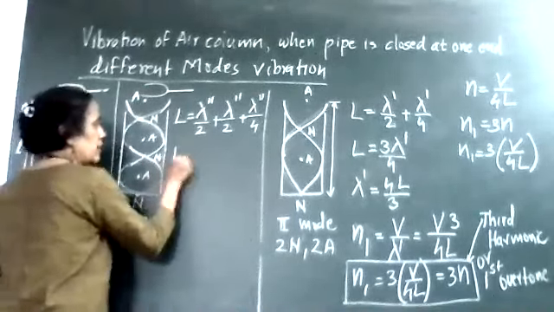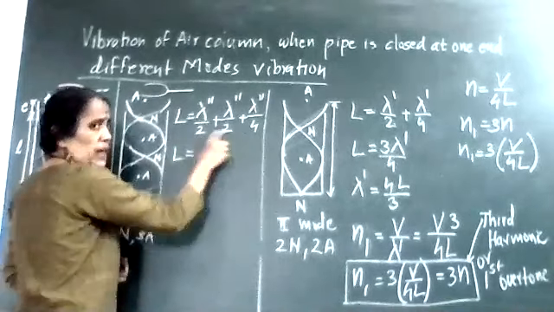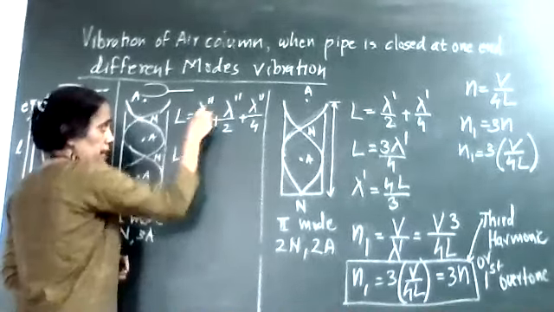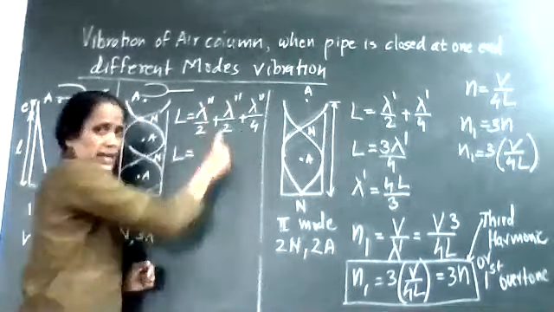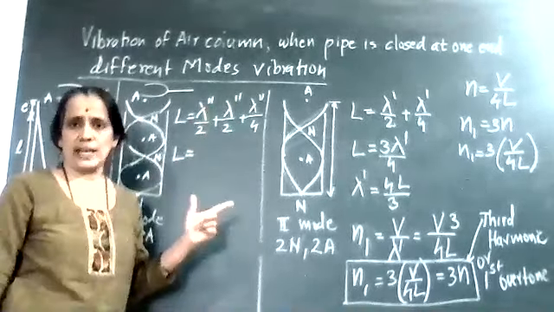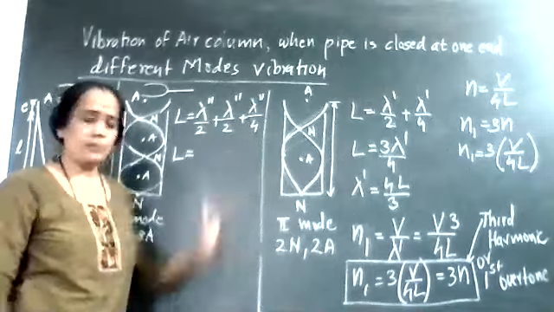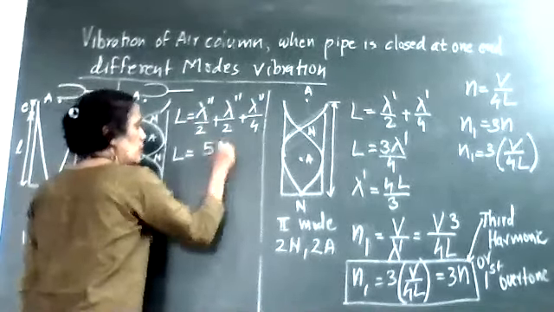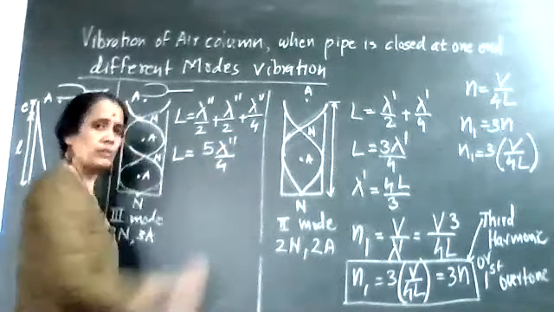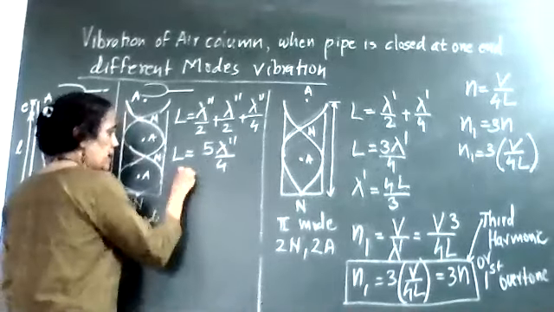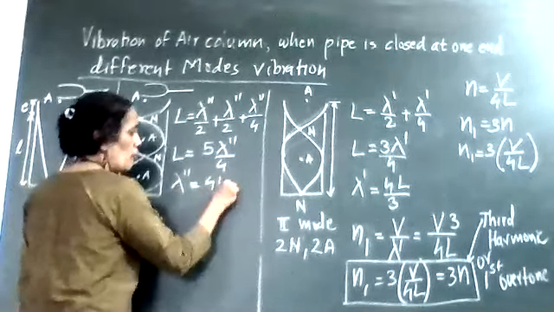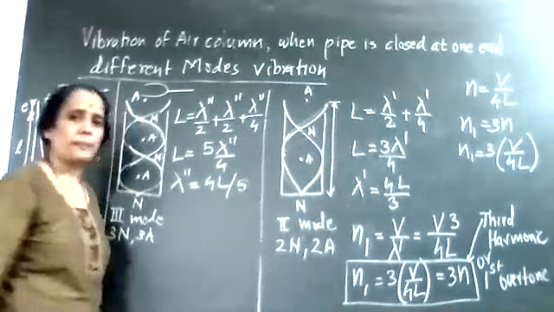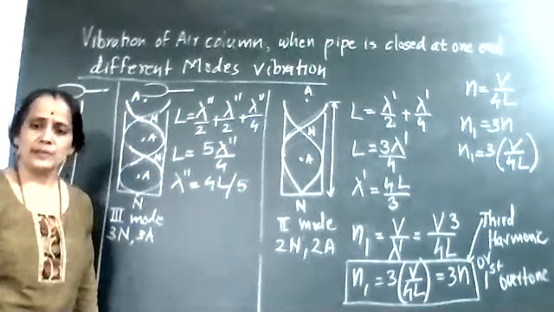So what do I write down here? L is equal to, just do the addition: lambda double dash by 2 plus lambda double dash by 2, that is lambda double dash, plus lambda double dash by 4, which is equal to 5 lambda double dash by 4. This means lambda double dash can be written as 4L by 5. Clear?